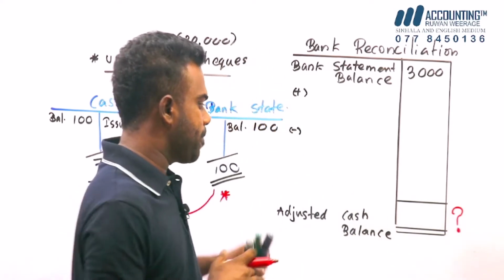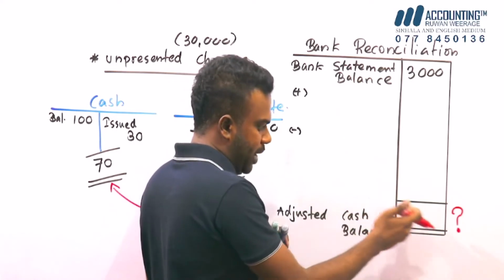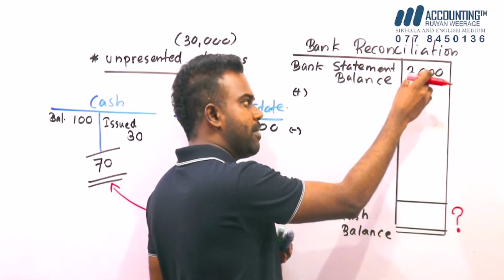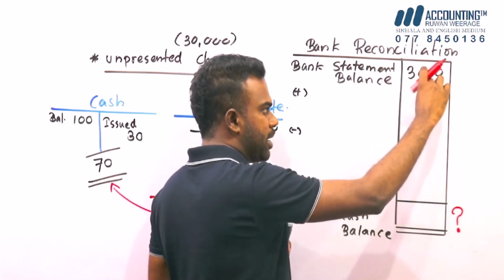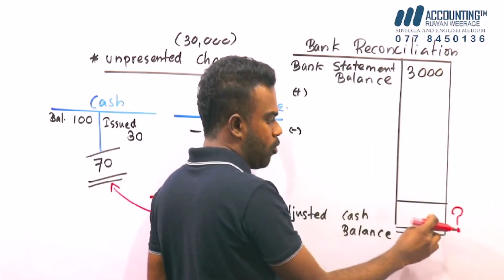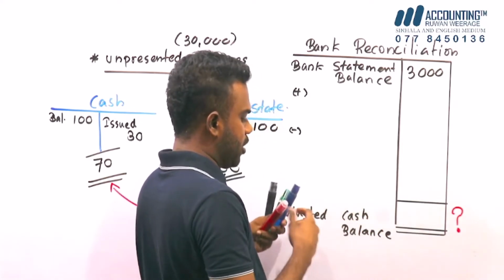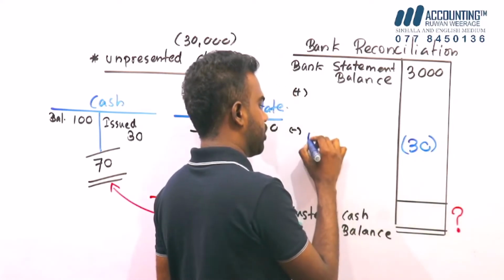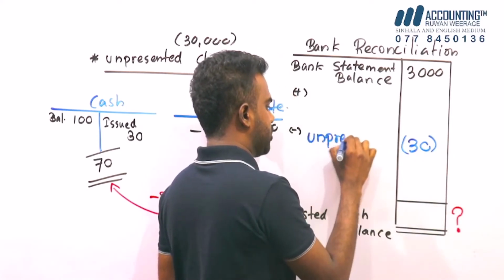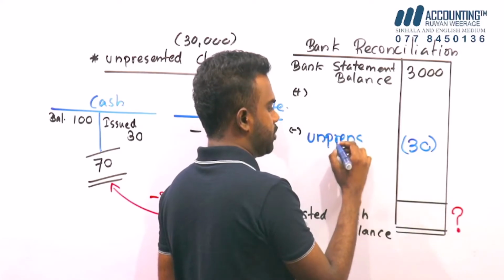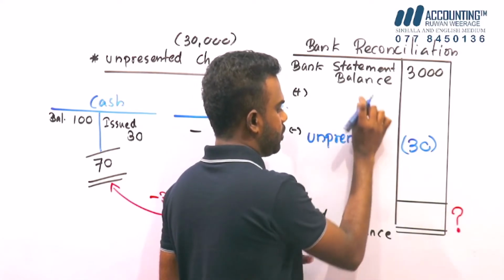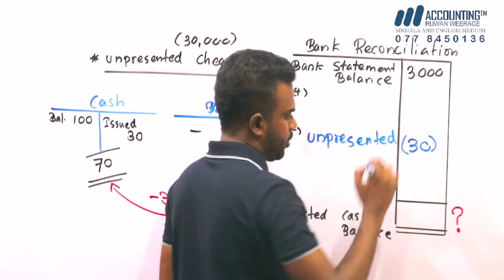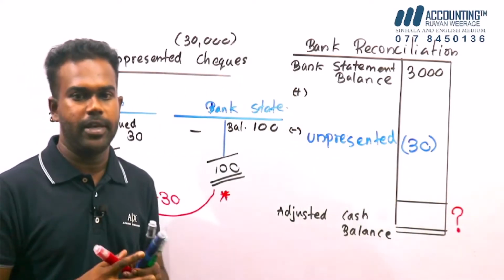Same here, the business has paid, so the cash account balance is lower, but the bank statement has not yet paid, so the bank statement balance is higher. From the higher balance to get the lower balance, what do we have to do? We have to deduct the unpresented checks, right? Very easy.